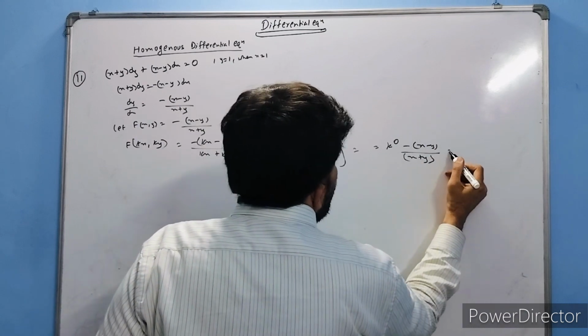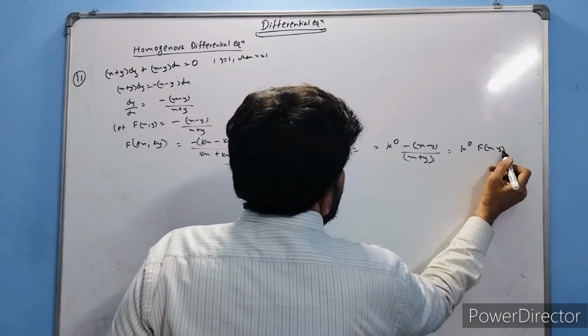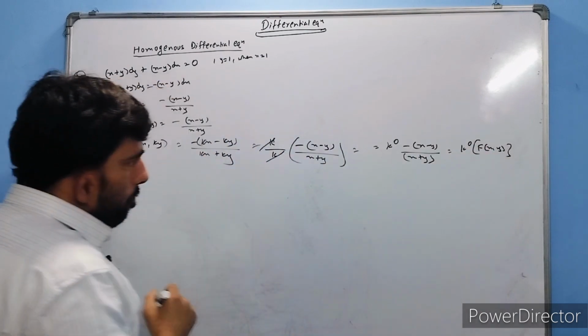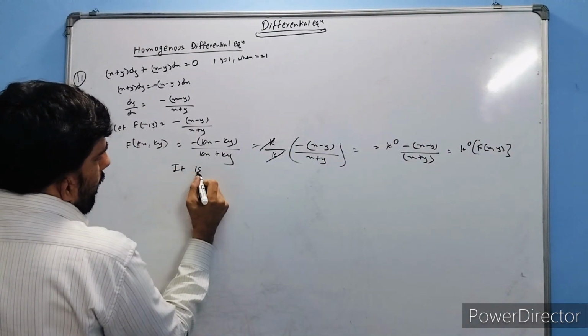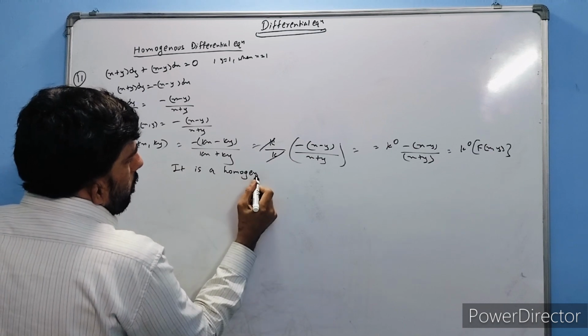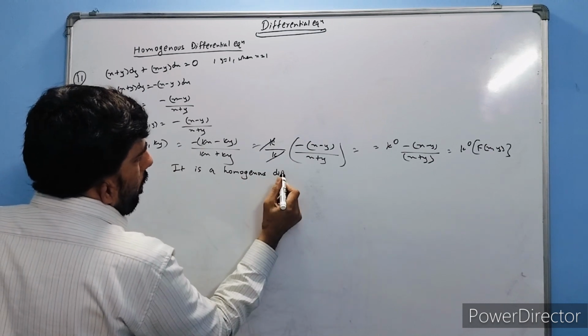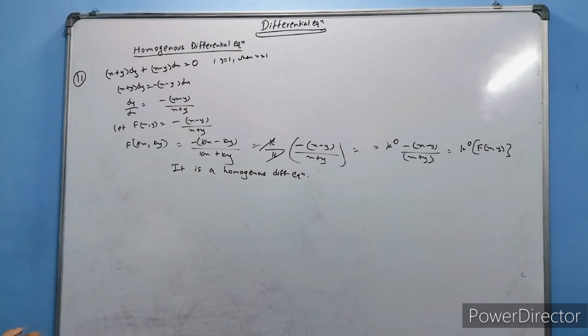I can write it as k to the power 0 f(x, y). So we can say this is a homogeneous differential equation.